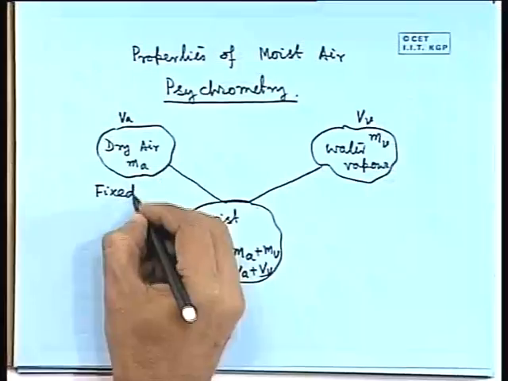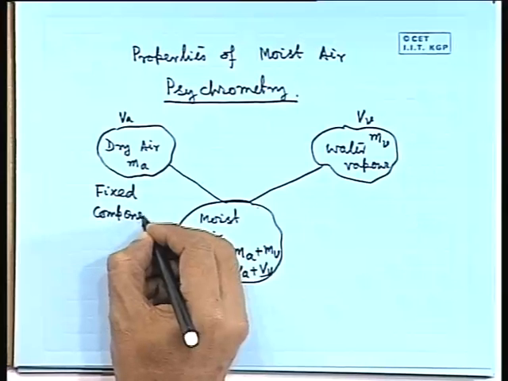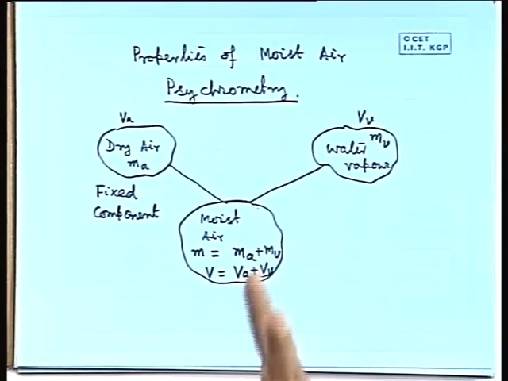Only one thing one has to remember in this analysis: this dry air we will call the fixed component. Let us take a sample of moist air. In that, a certain amount of dry air is there, and a certain amount of moisture or water vapor is there.